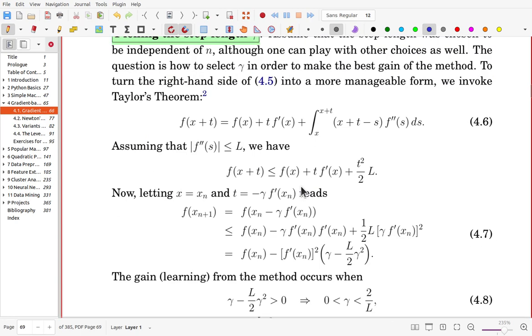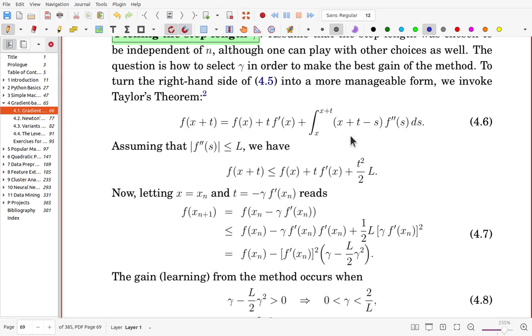Here we start with Taylor's theorem. F of x plus t, expanded about x, is f of x plus t f prime of x, and this remainder is a remainder of integral form, but you may use a more popular form.